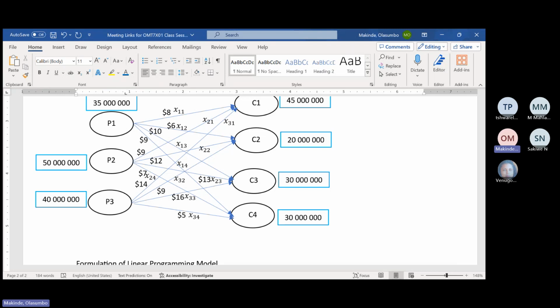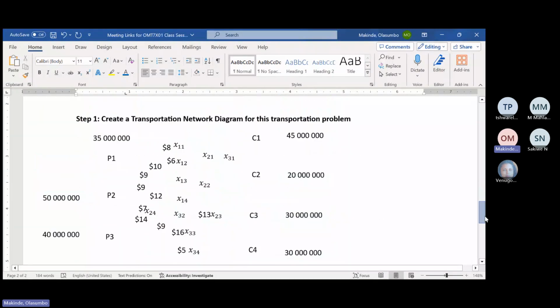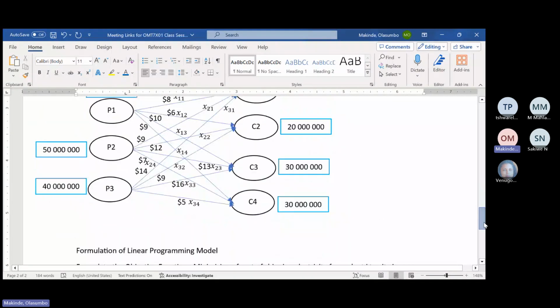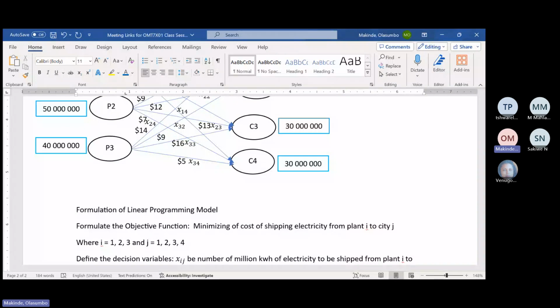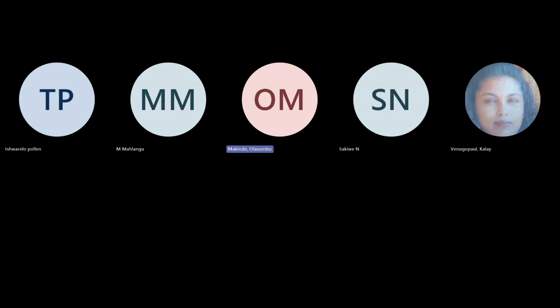So you have this final expression of the objective function, which I will show you in the textbook quickly. Because of time, I won't write it, but I've shown you how you interpret it from the network. So let me show you the final expression in the textbook.